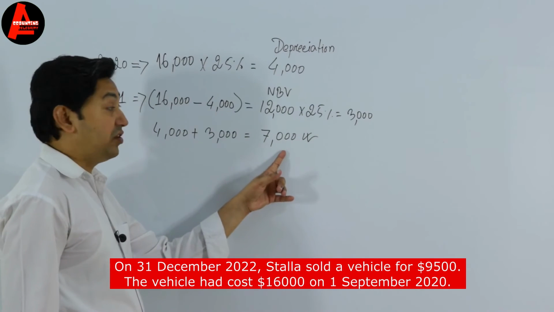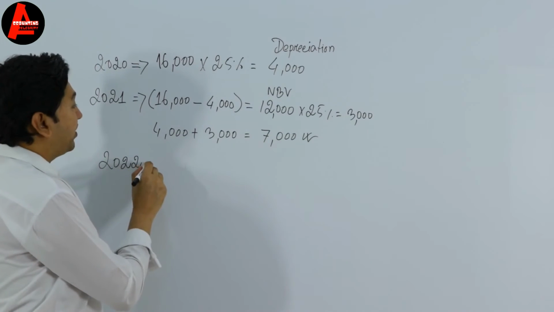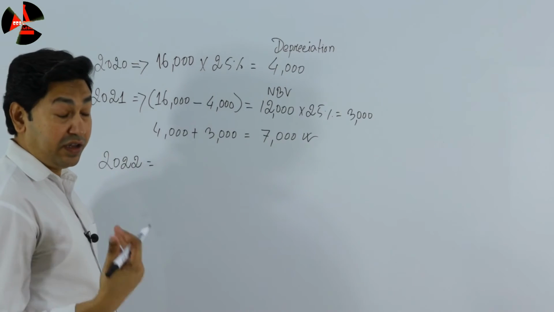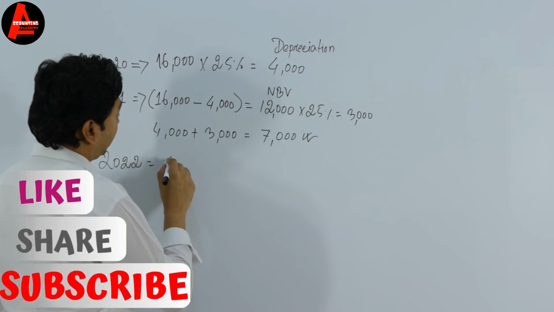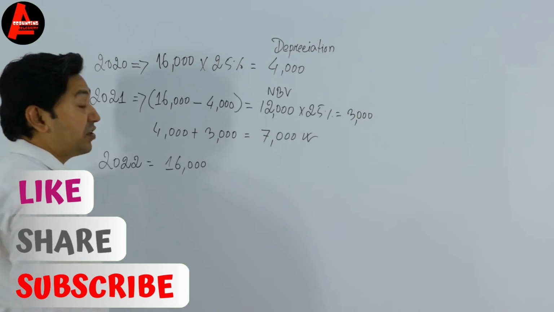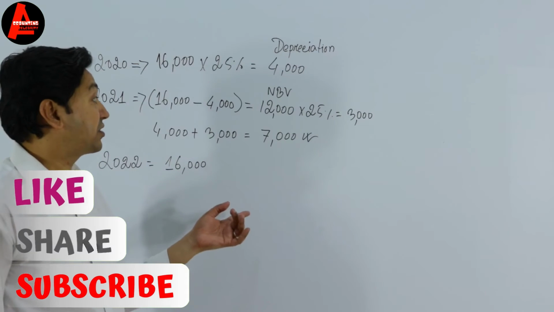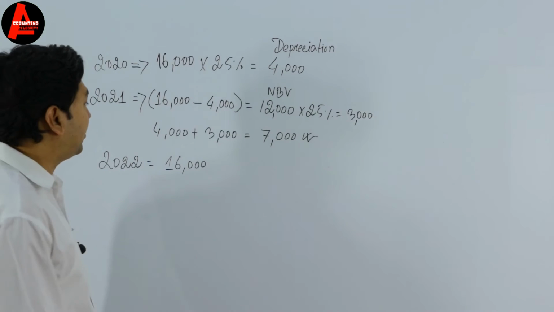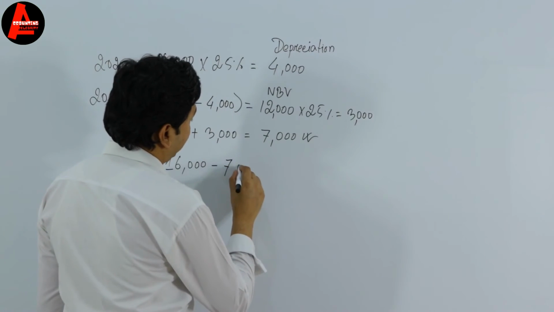Now for 2022, what will be the net book value? Her cost price of the motor vehicle was $16,000, and for the 2 years she has already charged depreciation of $7,000. So let us subtract $7,000.